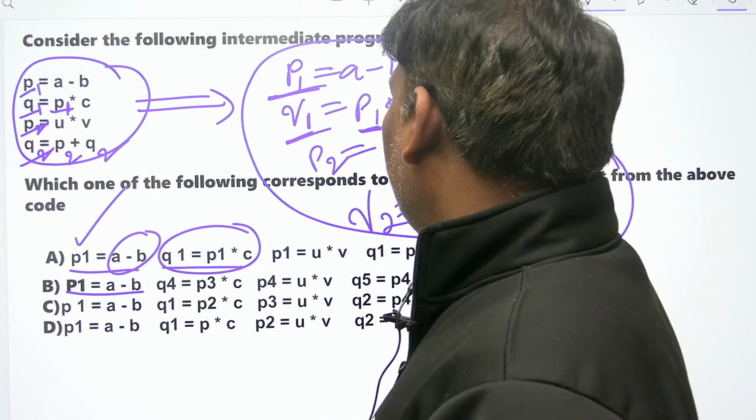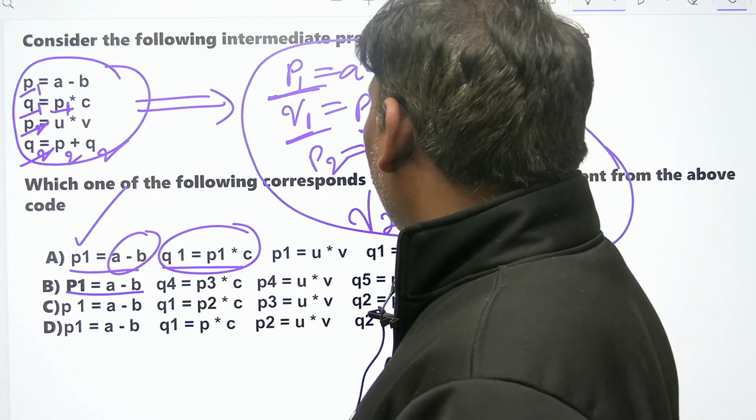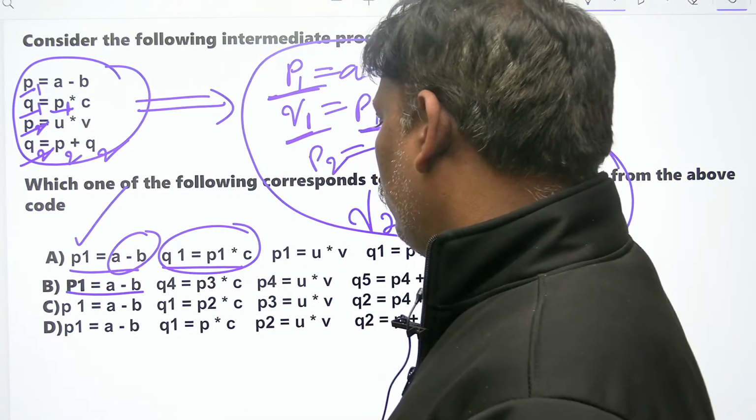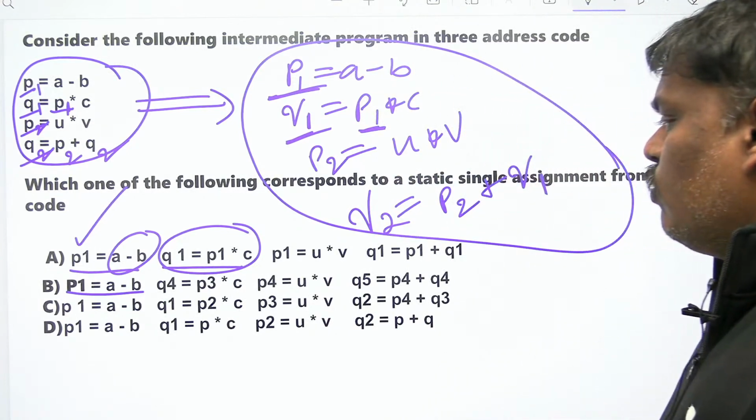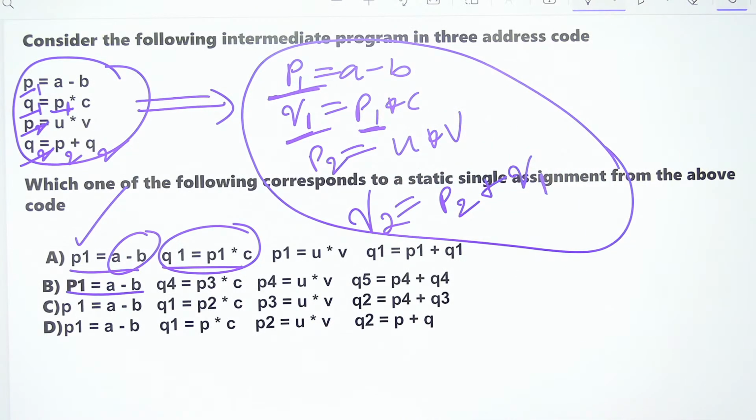I think over. Can you help me? What is the next one? P2 is equal to U into V. Please check if I did anything wrong, please verify. P1 is equal to A minus B. Everyone right.